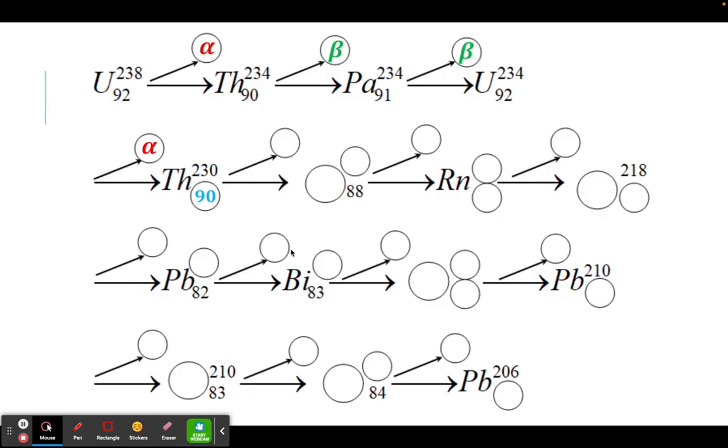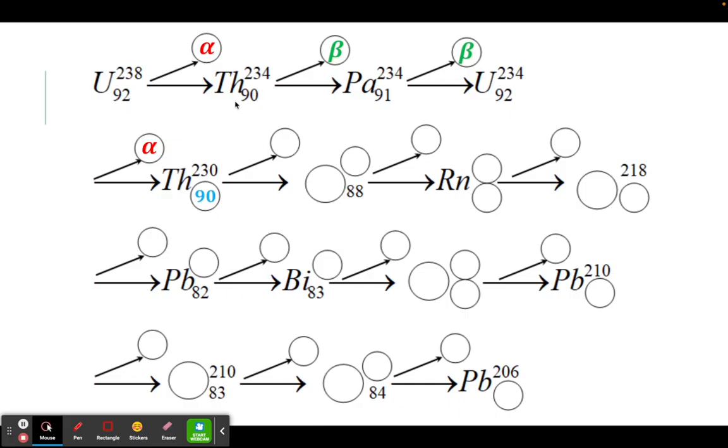And so you can keep doing this. What I want you to do is continue filling this in. Pause the video and fill in the circles with the appropriate element, the appropriate numbers, and the appropriate particle that's being released.